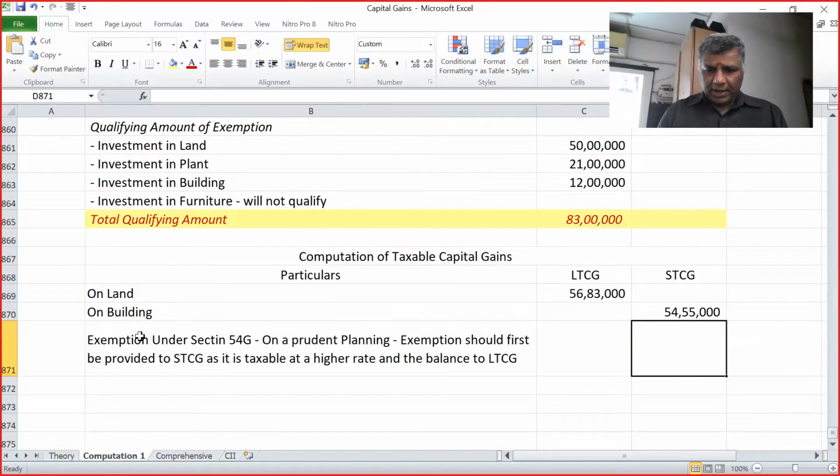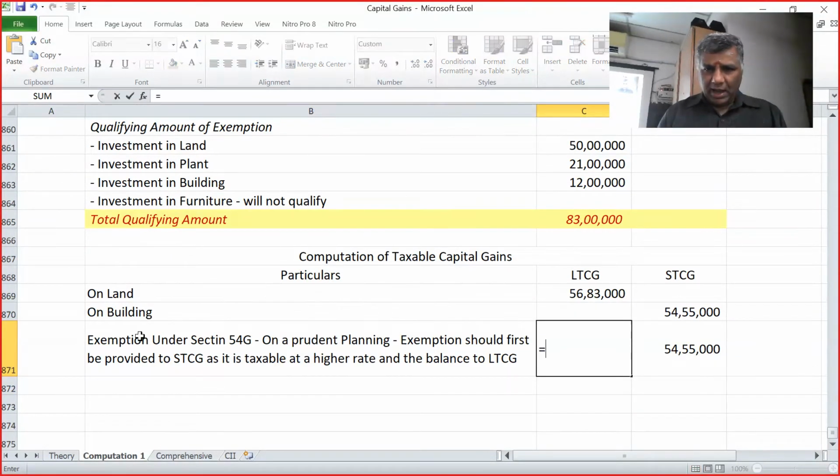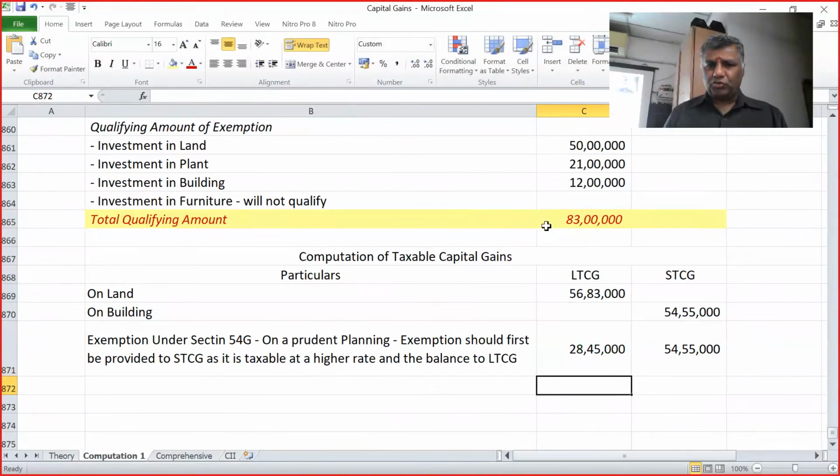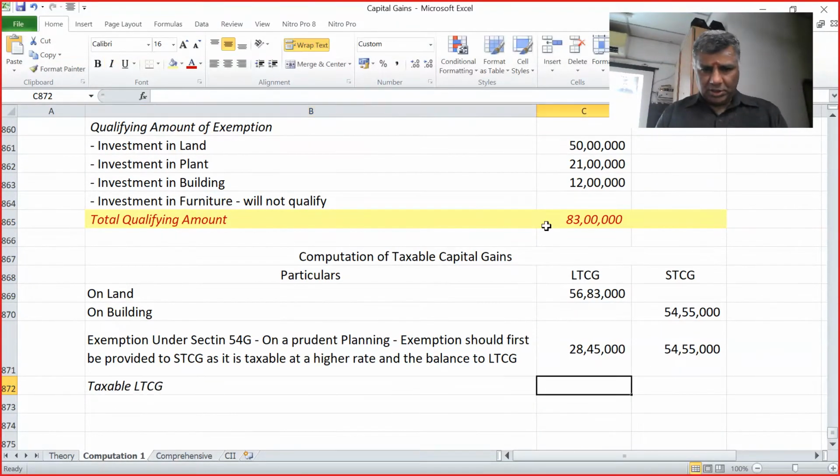So I will first provide the entire 54.55 and the balance, 83 lakhs minus 54.55, to the taxable LTCG.